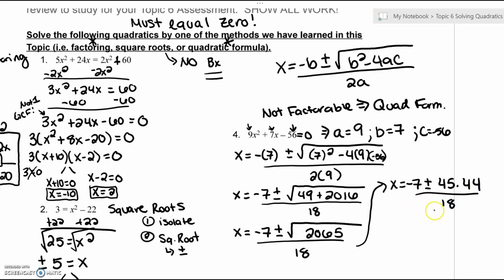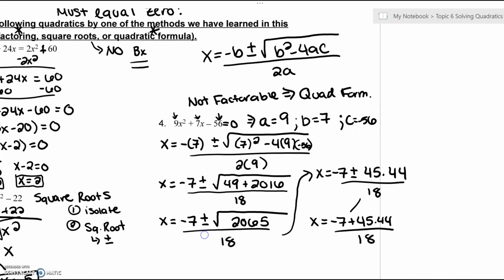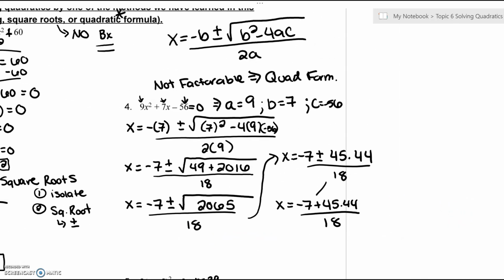Divided by 18. And remember, at this point, we make two equations. We have x equals negative 7 plus 45.44 divided by 18.